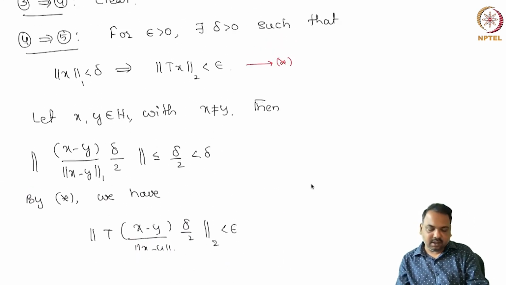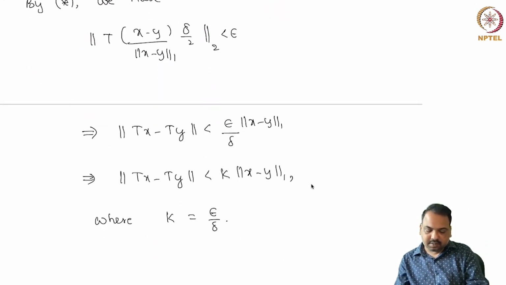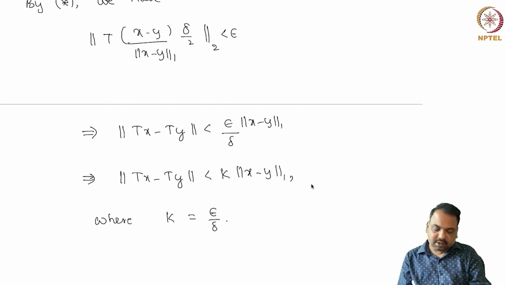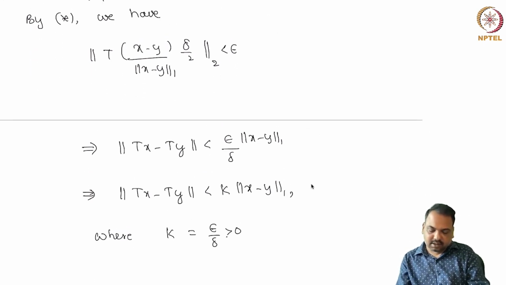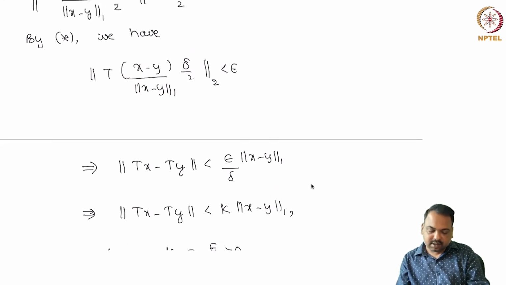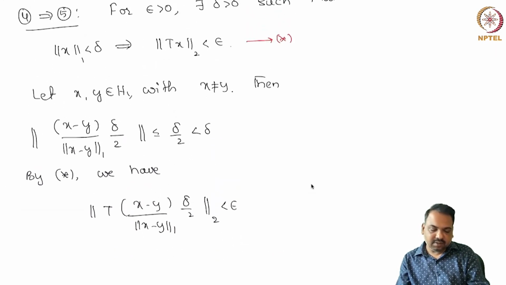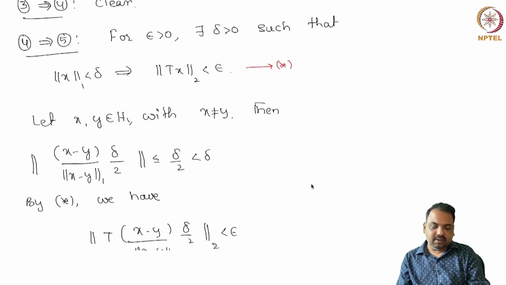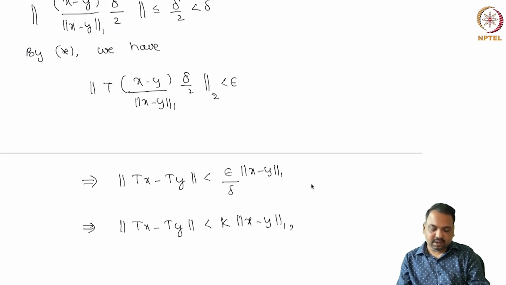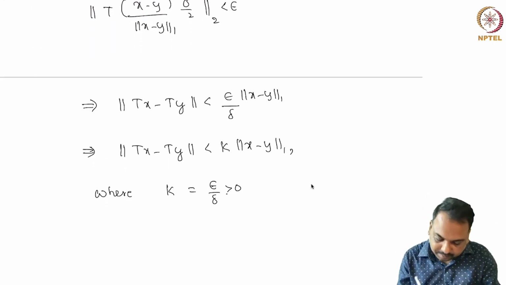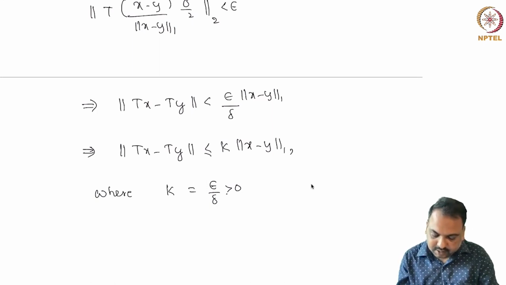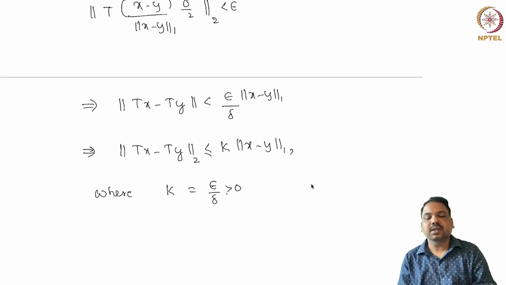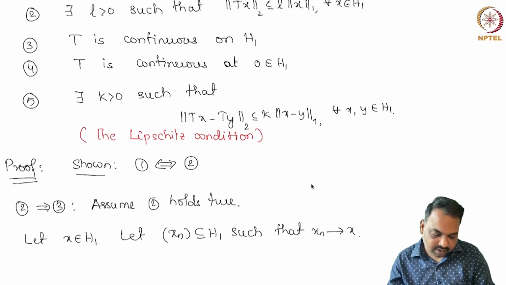Since epsilon is fixed and delta is also fixed, this is a positive quantity, and this k does not depend on x and y, because we assume that T is continuous at 0. Because of that, given any epsilon, we got this delta with this property, and whenever x and y are two distinct elements, we derive this inequality. So the Lipschitz condition is satisfied. So we can conclude that 4 implies 5.